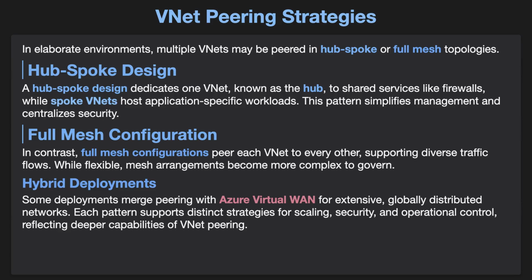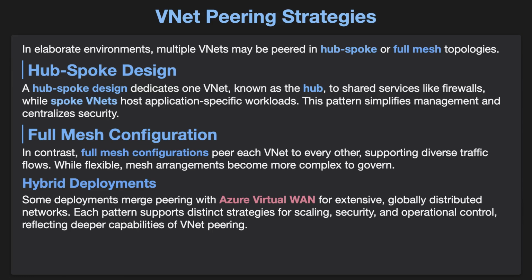In elaborate environments, multiple VNets may be peered in hub-spoke or full mesh topologies. A hub-spoke design dedicates one VNet, known as the hub, to shared services like firewalls, while spoke VNets host application-specific workloads. This pattern simplifies management and centralizes security.